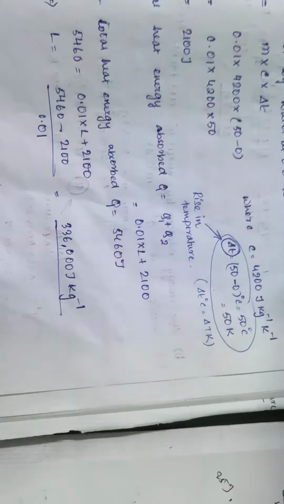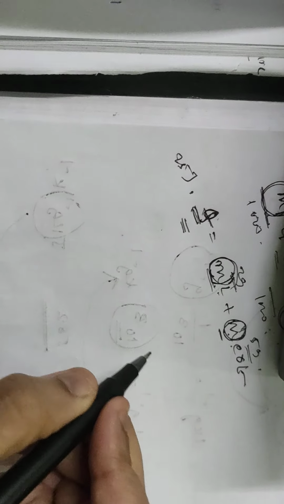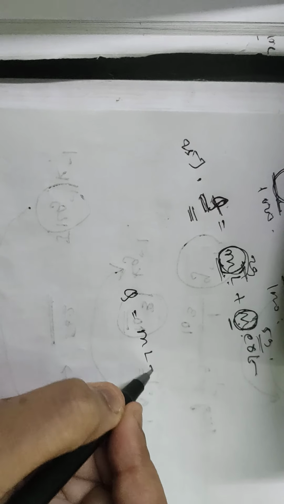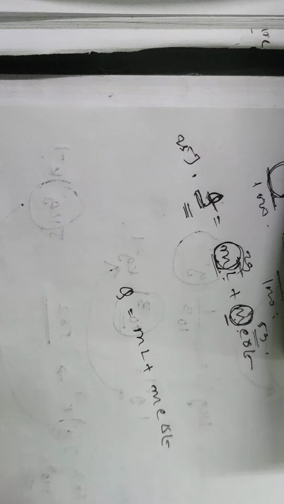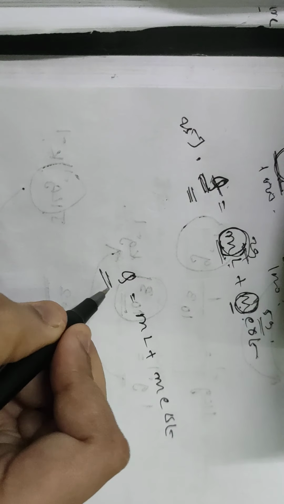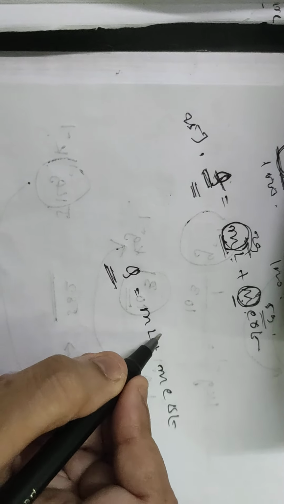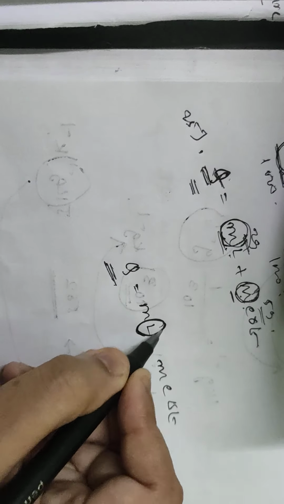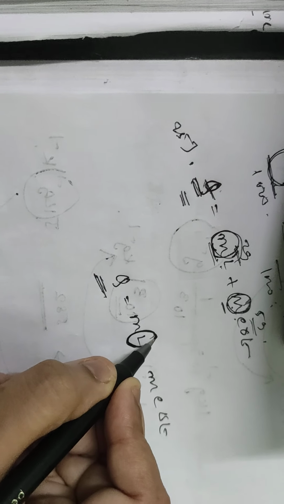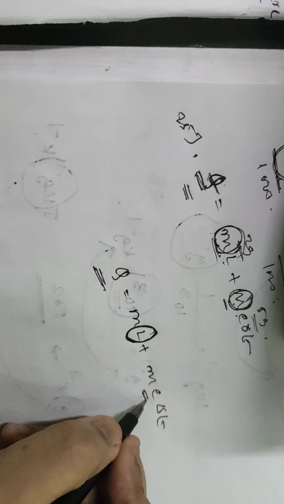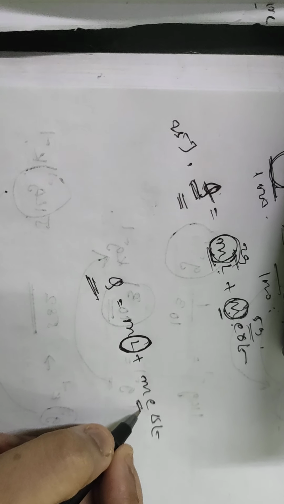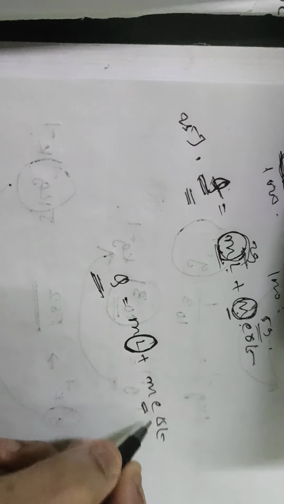What I mean to say, if you have Q equal to mL plus mc delta T, and say Q is given in joule, SI unit, and this we have to find, and notice c is also given in SI unit, joule per kg per Kelvin, then we'll convert all to the SI units.